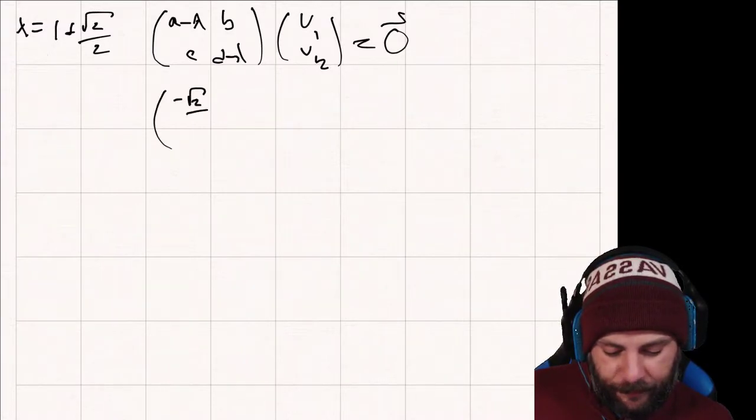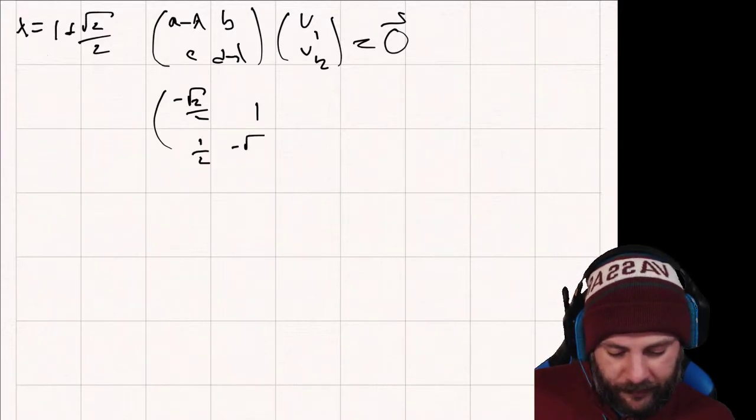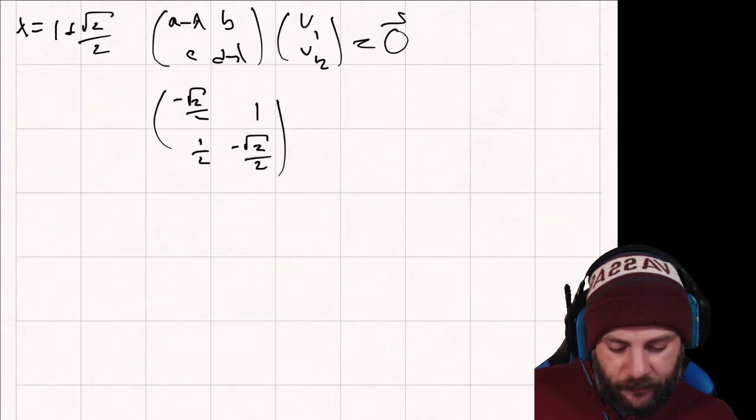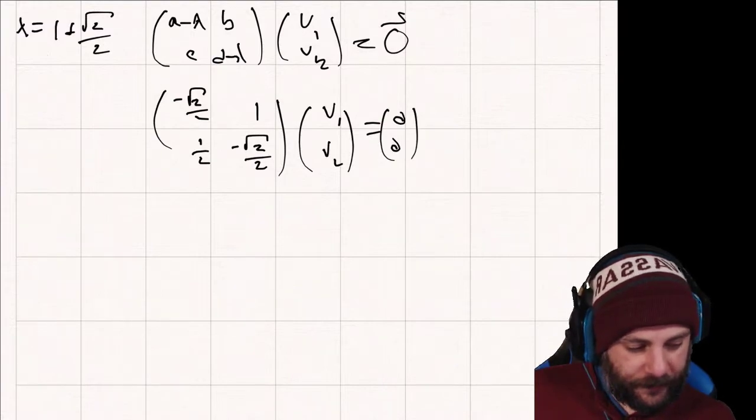Doing the arithmetic here, or the accounting, but not showing all my work, I get negative square root of 2 over 2, 1, 1/2, and negative square root of 2 over 2. That times v1, v2 should equal 0, 0. All right.